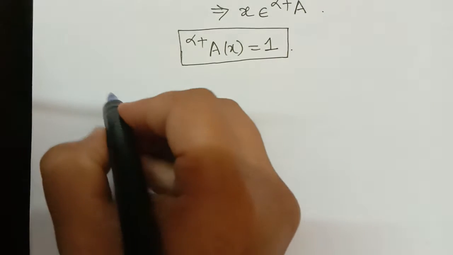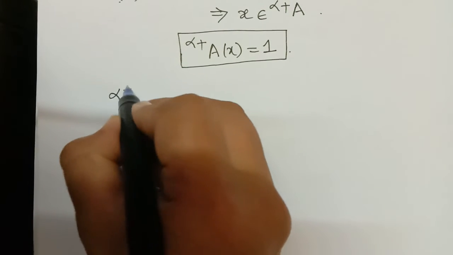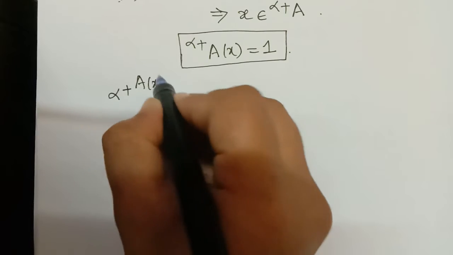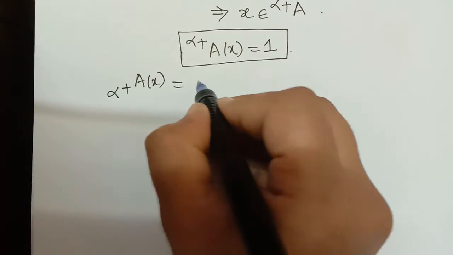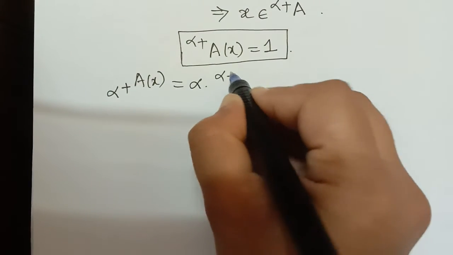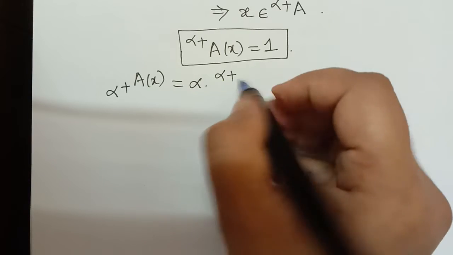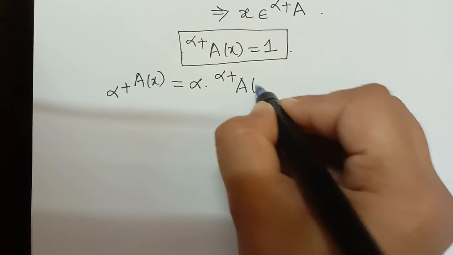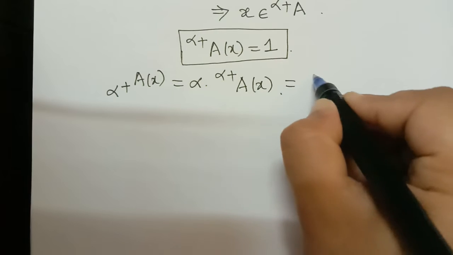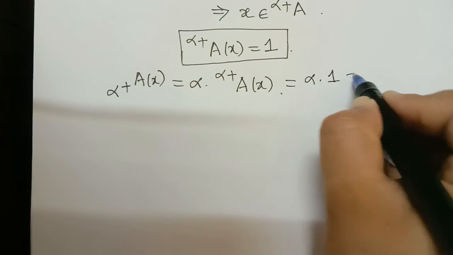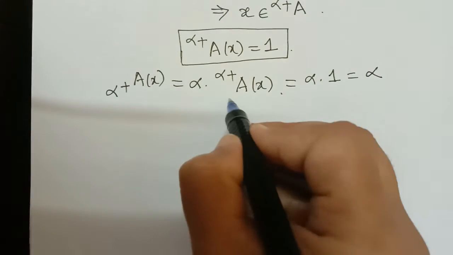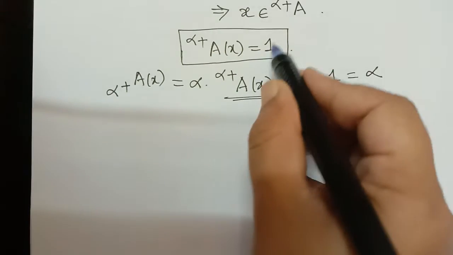Now we shall evaluate the special fuzzy set. The special fuzzy set of A of x with respect to the strong alpha cut will be equal to alpha multiplied by the special membership function, and that is alpha multiplied by 1, which is equal to alpha. It is multiplied by 1 because the value of this is equal to 1.